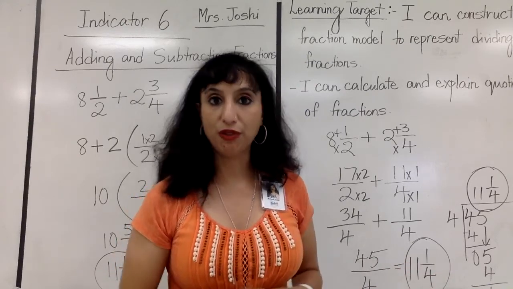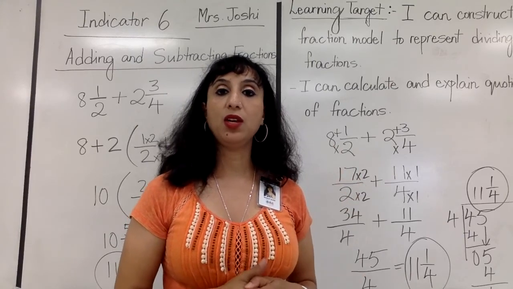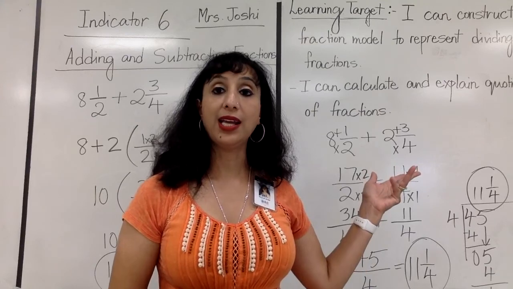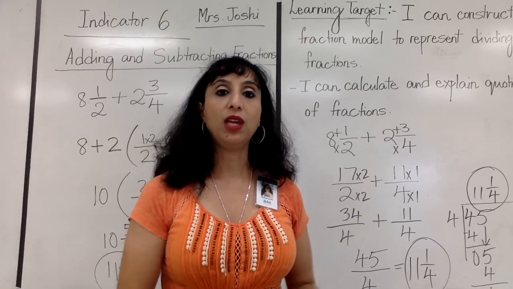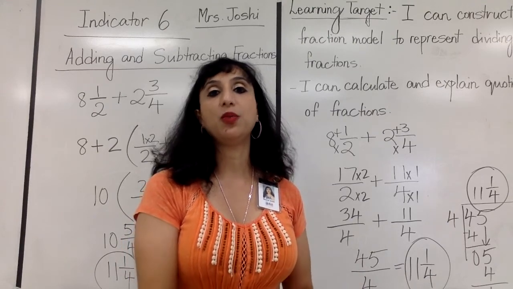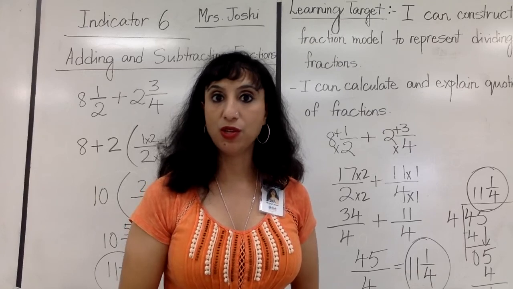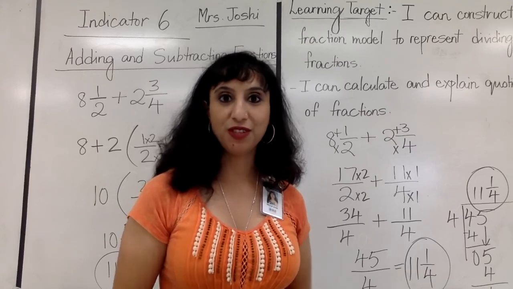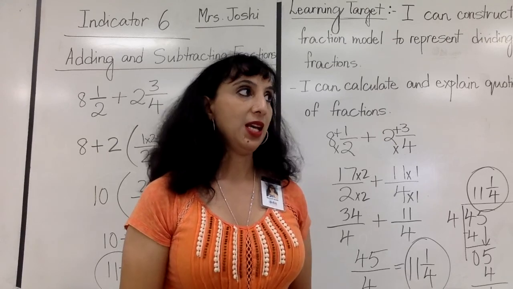The 1/4, nobody wants 1/4 of a t-shirt. Then you have to use your logic, because when you can say, look at the learning target, I can calculate, explain quotients of fractions. So you've got to know that only 11 t-shirts can be bought with this cost. You don't write 11 and 1/4, because nobody wants to buy 1/4 of a t-shirt. Okay, so that's where what is reasonable comes in.